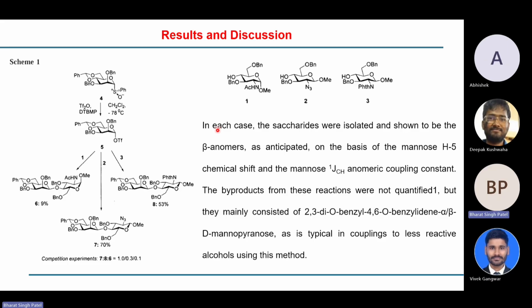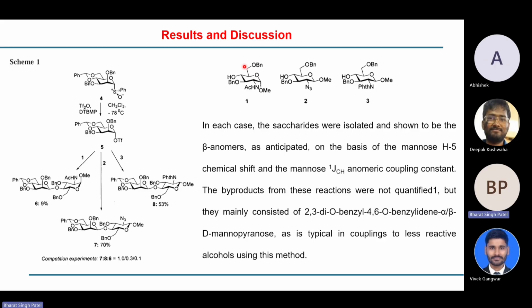They also tried to increase the loading of the catalyst or the promoter. What is happening is that whatever donor they took was undergoing hemiacetal formation. Once it undergoes some kind of interaction with the promoter, or because of intermolecular hydrogen bonding, it is very less reactive, so it cannot act as an acceptor.